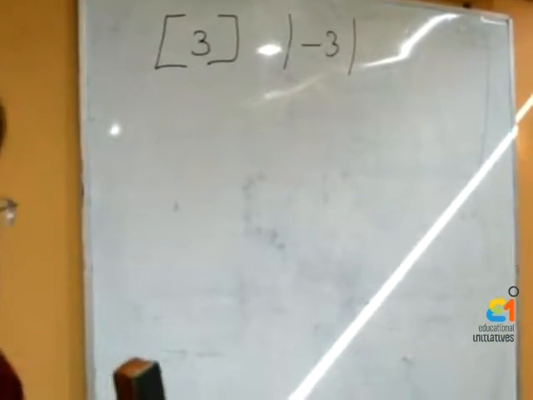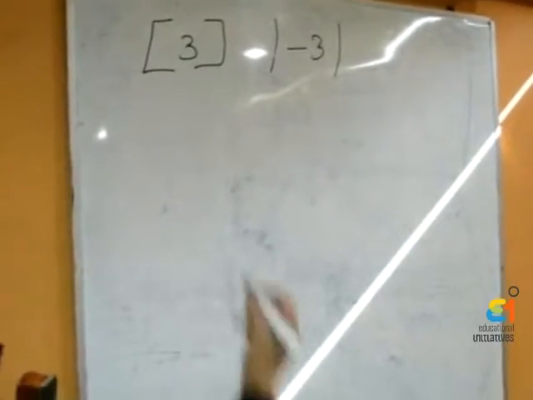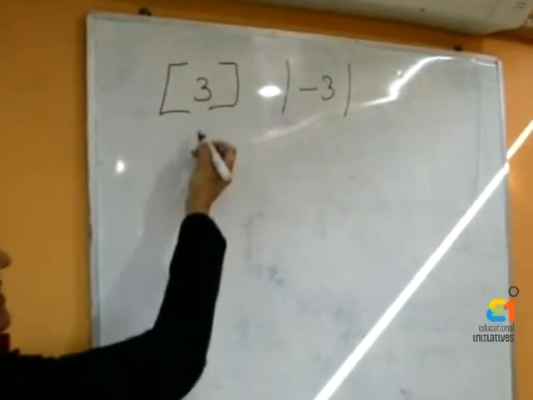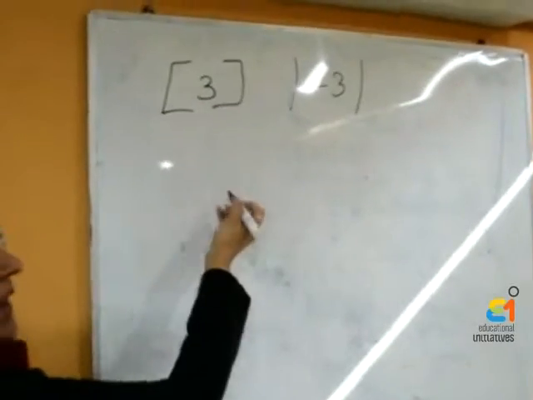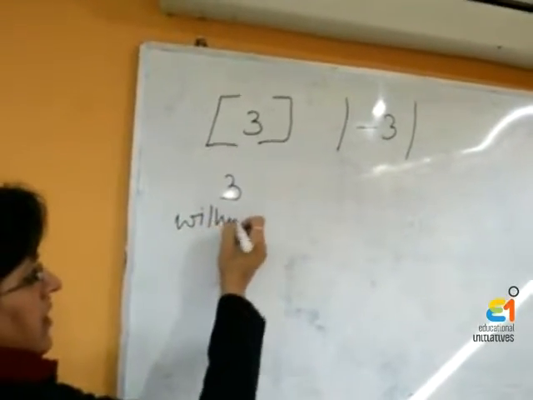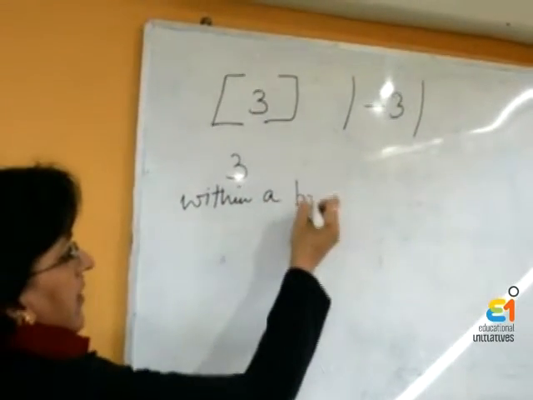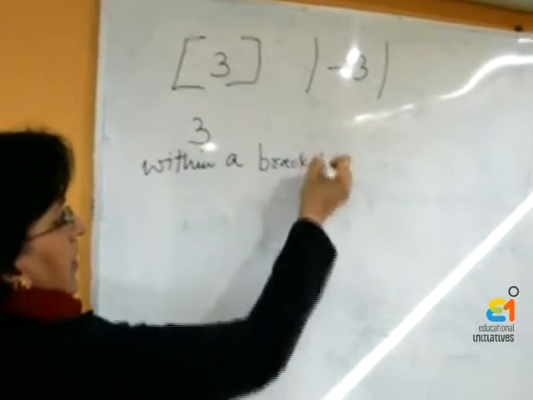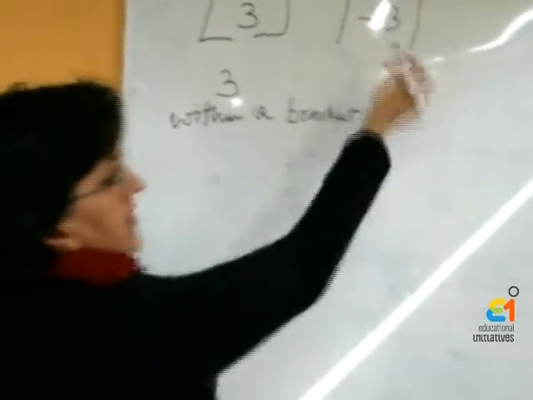After writing this, we clearly ask the children what it implies. So this implies 3 within a bracket. So just write 3 within a bracket. And then ask the students what this implies.